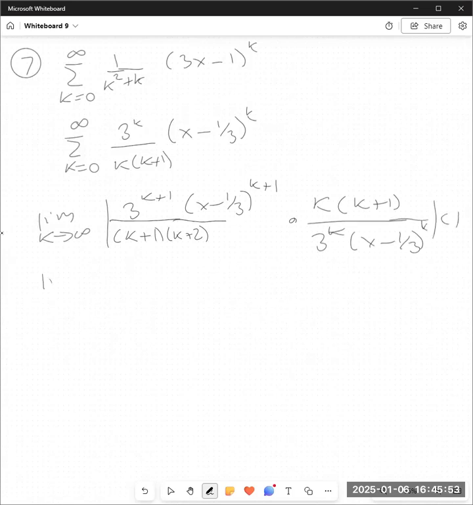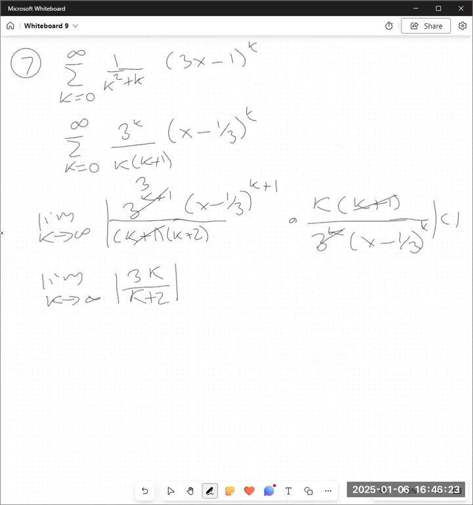So we have the limit, as k goes to infinity, k plus 1 cancels. And right, in infinity, this is 3k over k plus 2.